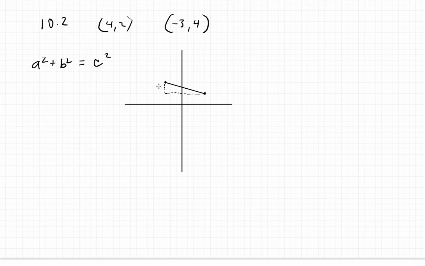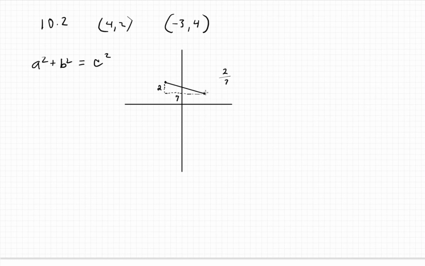So we have a slope of 2 here. That's on the y. And then we have 1, 2, 3, 4, 5, 6, 7 over here. So we have a slope of 2/7. Let's write that here. So here's our slope, 2/7.